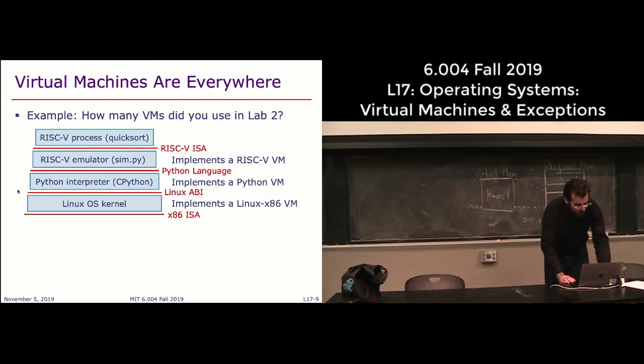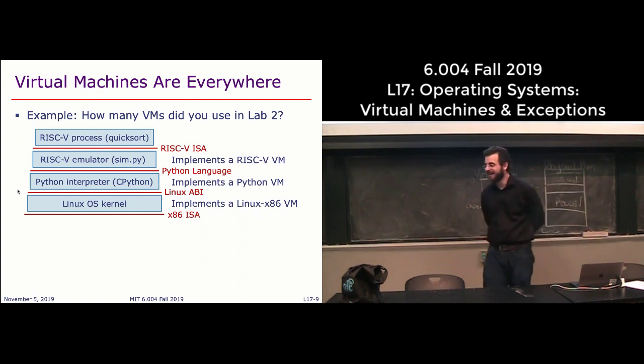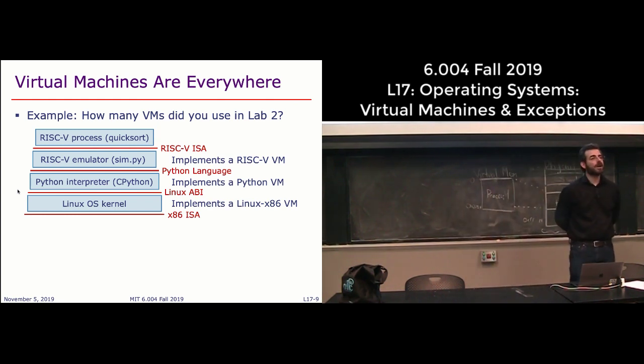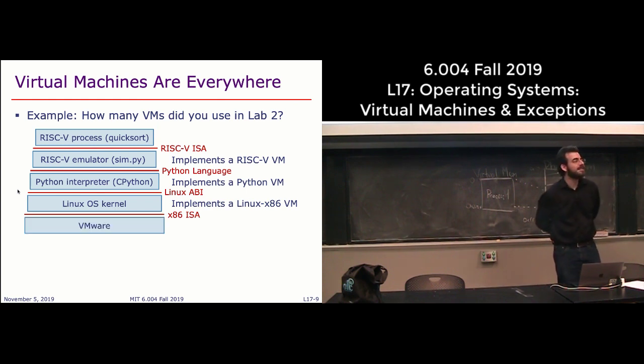Now, VMware is not some super large company that's building entire systems and building full pieces of hardware. No. VMware is a virtualization technology company that implements a virtual machine. And so it just gives you a process that emulates a system. So this is emulating an x86 system.